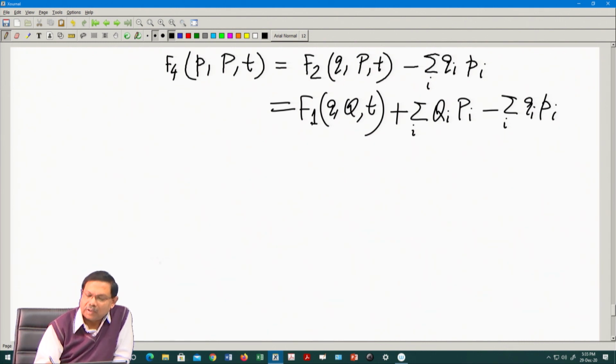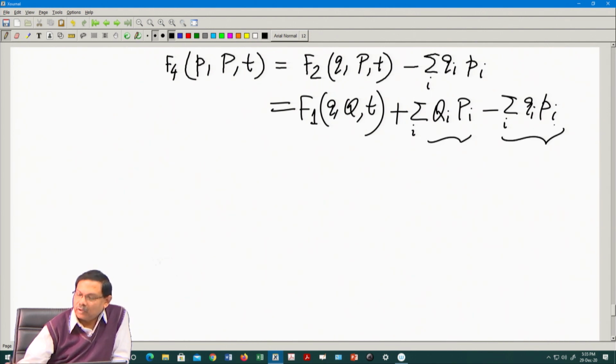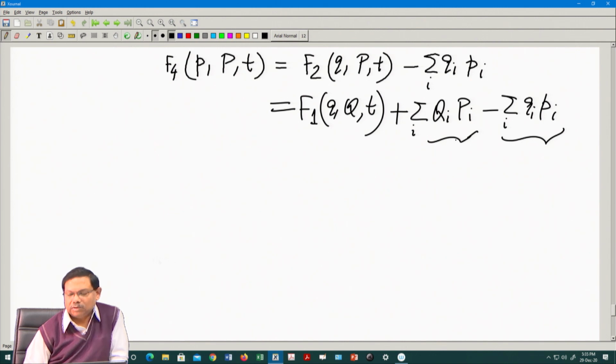So, in terms of F1, F4 we require summation of two products. So, this is also a Legendre transformation of a different kind.